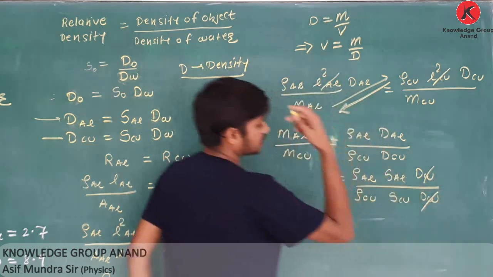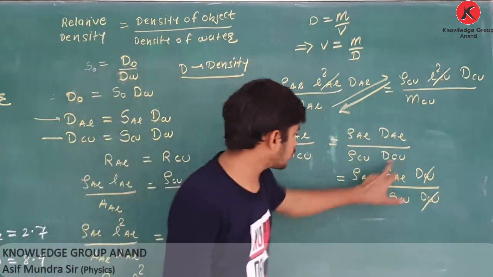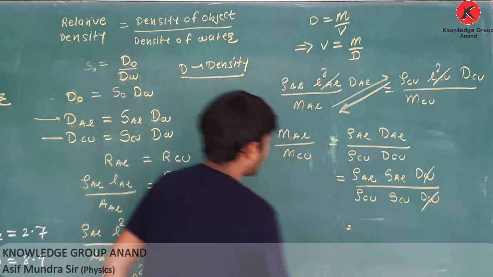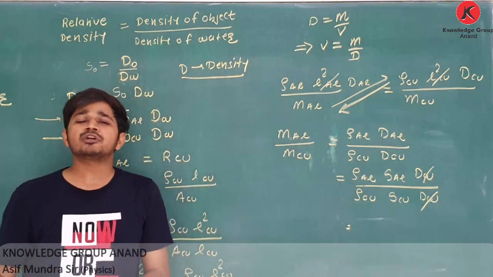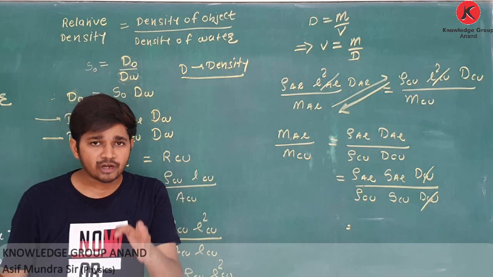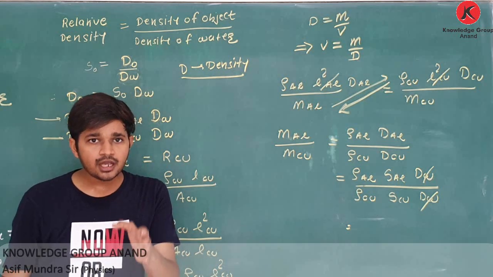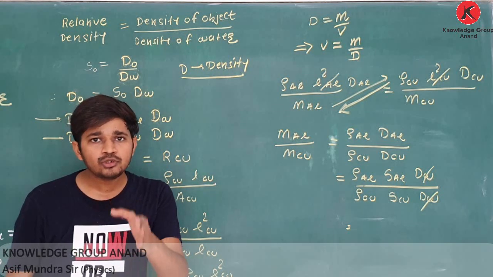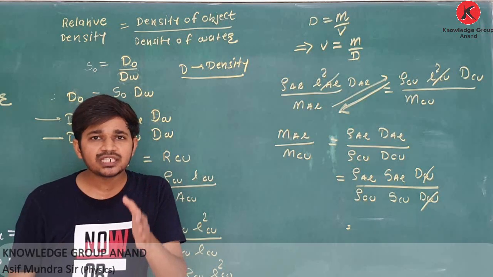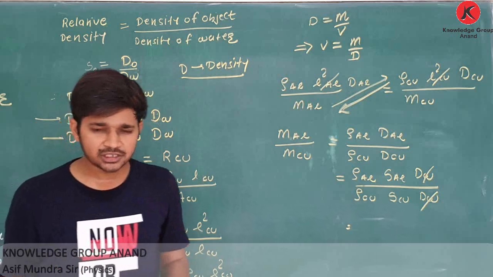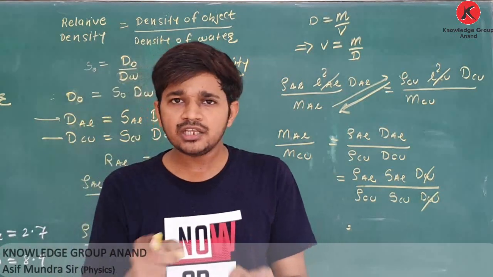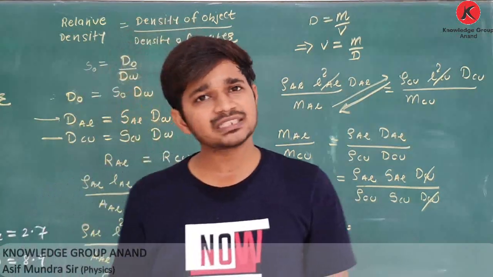The density of water cancels. Okay, now put these four values. Find what is the ratio of M of aluminium upon M of Cu. And from this ratio, you have to think and write the answer. Which one is lighter? Yes, you know the relations. If M1 is equal to M2, they both have the same mass.